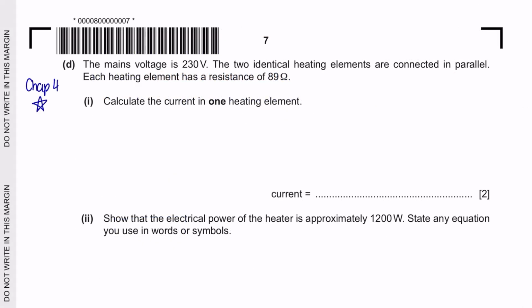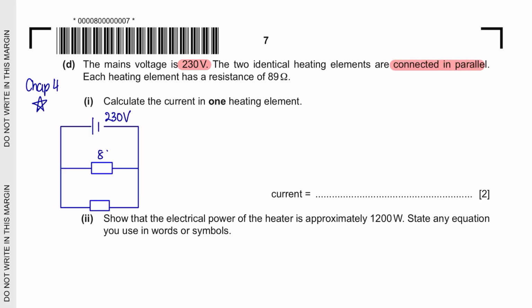Next, question D. The mains voltage is 230 volts. The two identical heating elements are connected in parallel, and each heating element has a resistance of 89 ohms. Calculate the current in one heating element. The voltage is always the same throughout a parallel circuit. Since they are identical, let's just calculate this one over here.